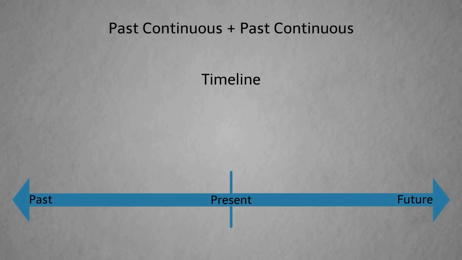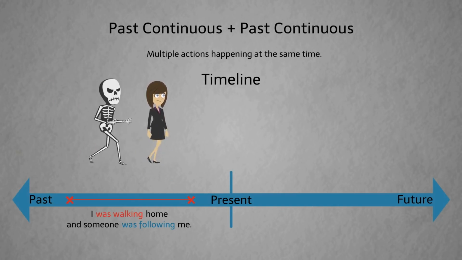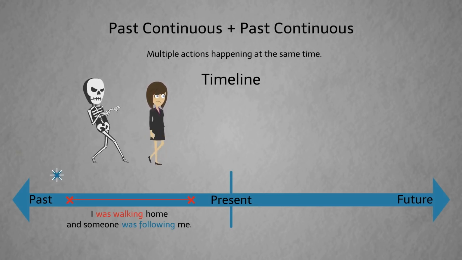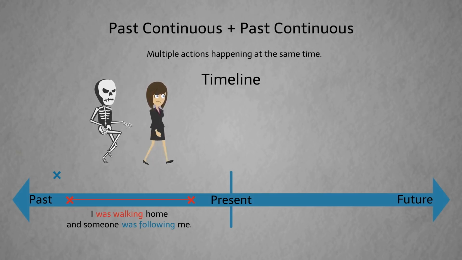We can use two past continuous actions in the same sentence to show that both actions were happening at the same time. For example, I was walking home and someone was following me. We don't know which action started first. Maybe the mysterious stalker started following Alyssa before she even left the office.